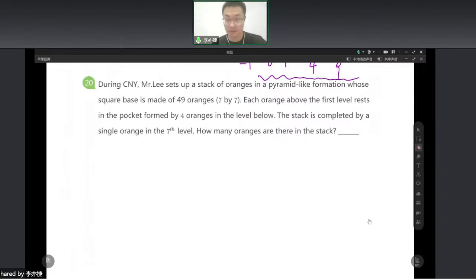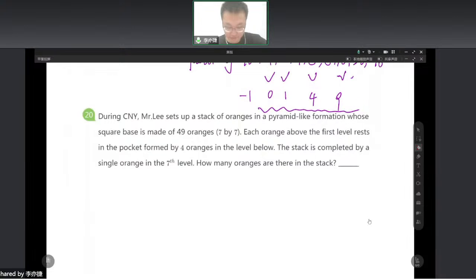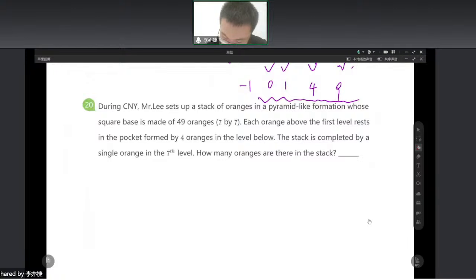Right, question 20. I see the question, it's so long. Pyramid-like formation whose square base, for each orange above the first level rests in the pocket formed by 4 oranges in the level below. The stack is completed by a single orange in the 7th level.